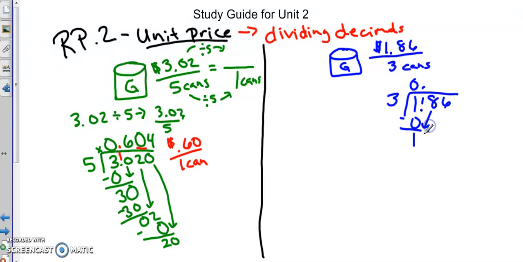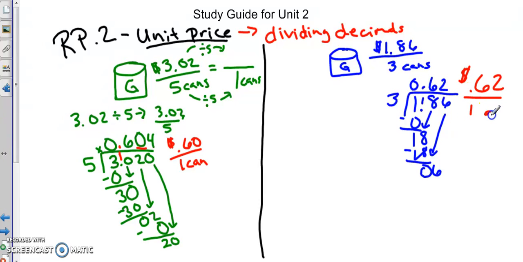Bring down my number. 3 times 6 gives me 18. 18 minus 18 gives me 0. Bring down my 6. 3 times 2. So we see that 3 cans of the blue can of green beans sell for 62 cents for 1 can.